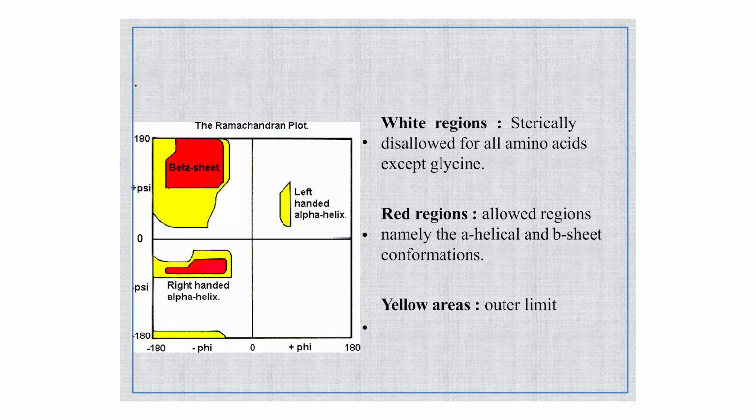The white region shows what is sterically allowed for the amino acids except glycine, the red region is the allowed region, namely the alpha helical and beta pleated sheet conformation, and the yellow areas are the outer limit. So, this is how the Ramachandran plot is interpreted.